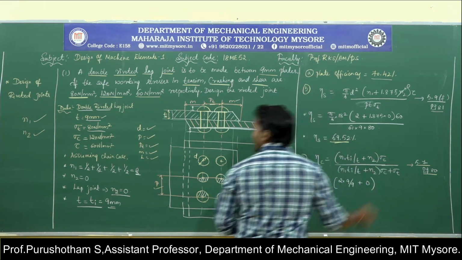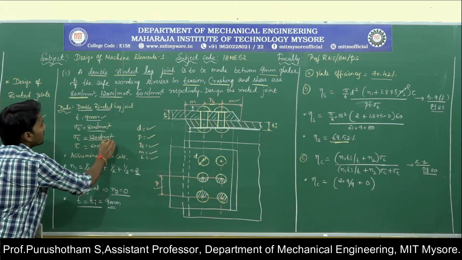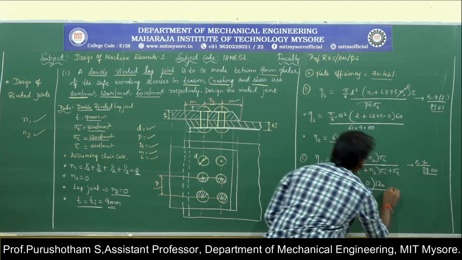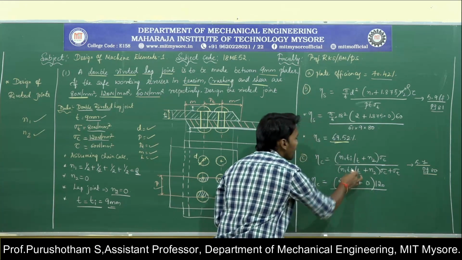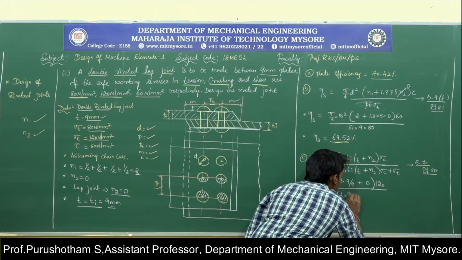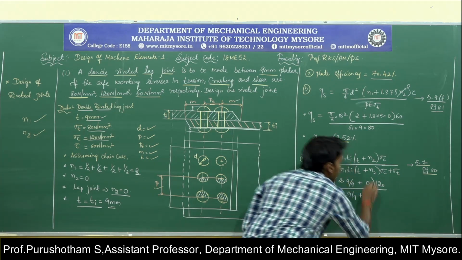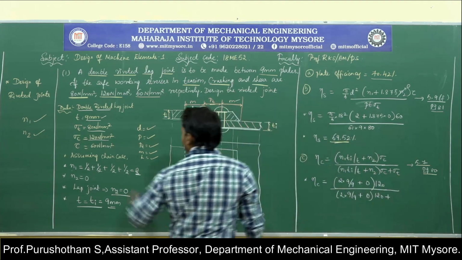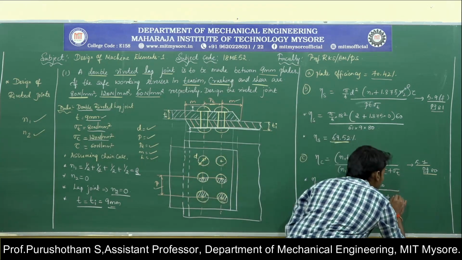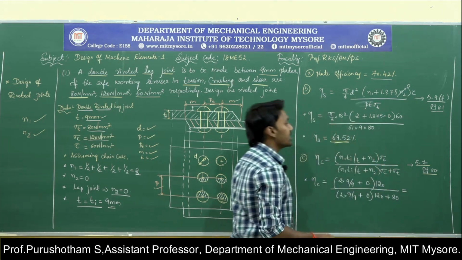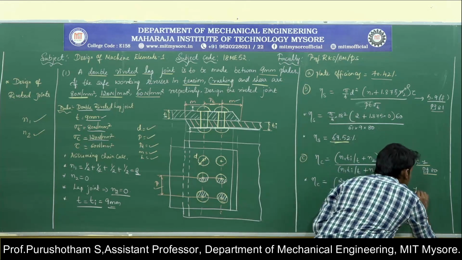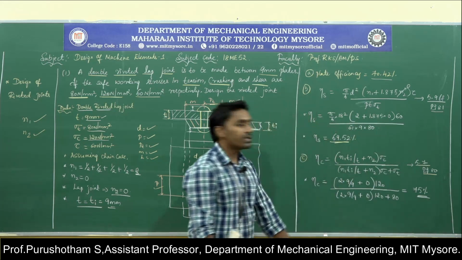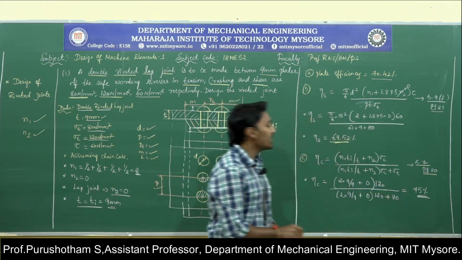Then sigma C is 120 Newton per millimeter square, divided by sigma T, which is 80 Newton per millimeter square. If you simplify this and multiply to get the percentage, you will get 75%.